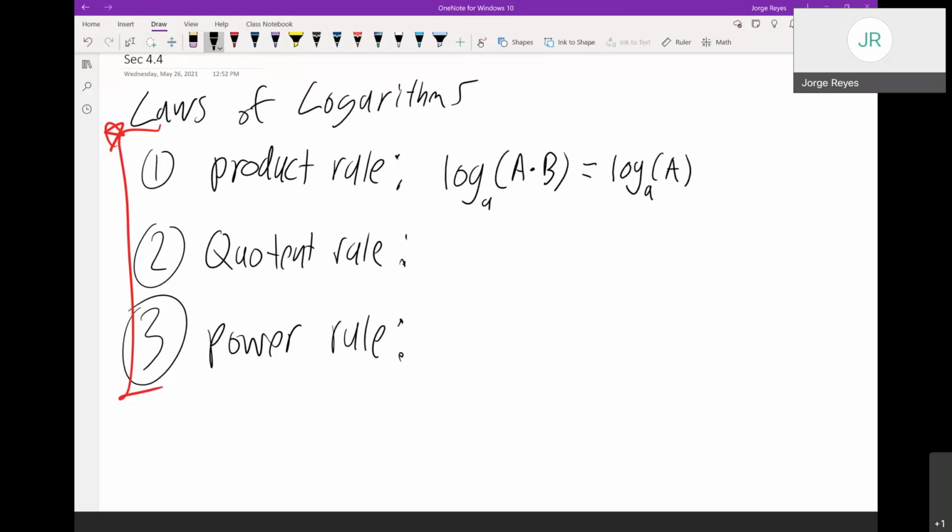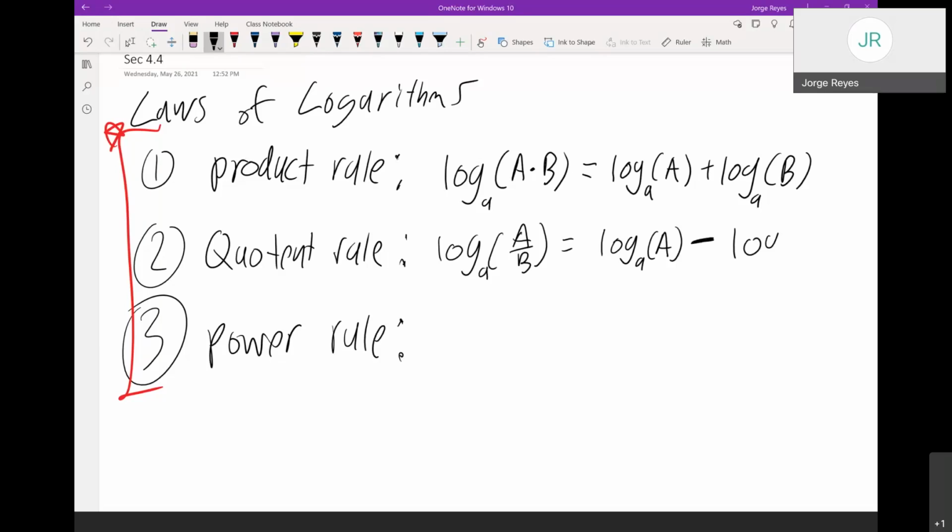So this is equal to log base A of A plus log base A of B. And then the quotient rule is pretty easy. It's kind of what you would guess. If I have 2 things being divided, you can split it, but instead of a plus sign in the middle, it's a minus sign. So this is the product rule and the quotient rule.